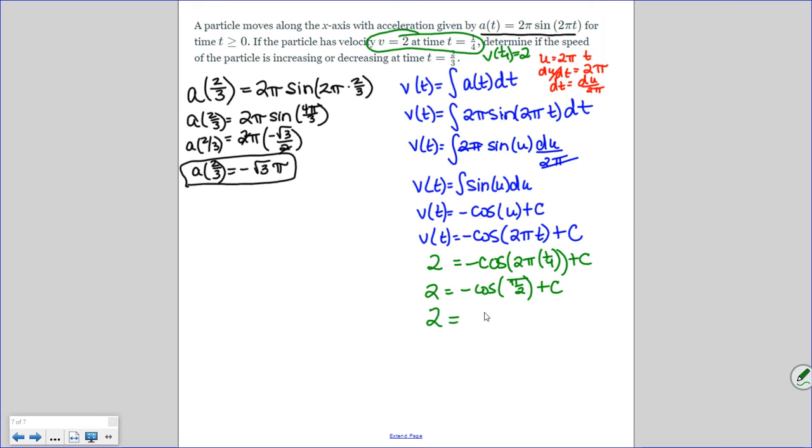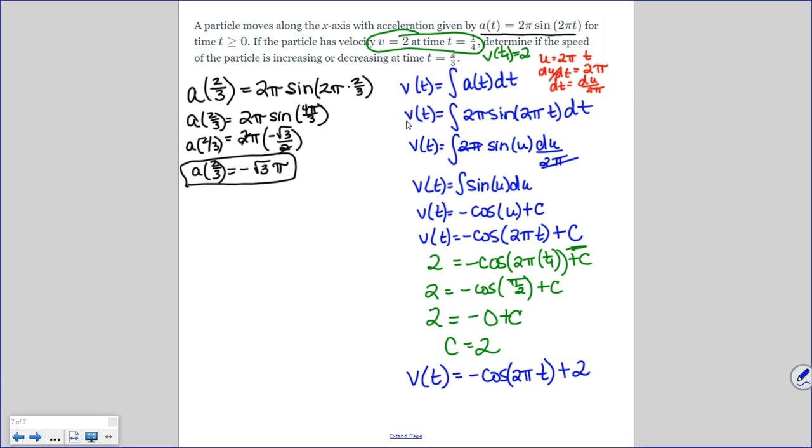Cosine of pi over 2 is 0, plus c. So the constant is 2. Then I'll substitute the 2 in for the c, and that gives me a formula for v of t. v of t equals negative cosine of 2 pi t plus 2. Okay, got the formula for velocity.